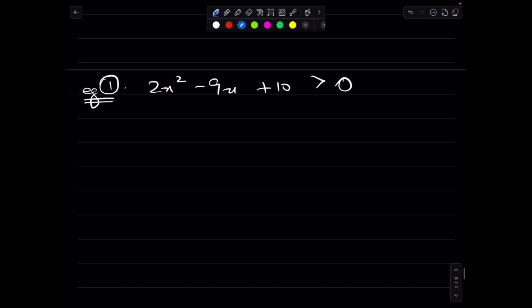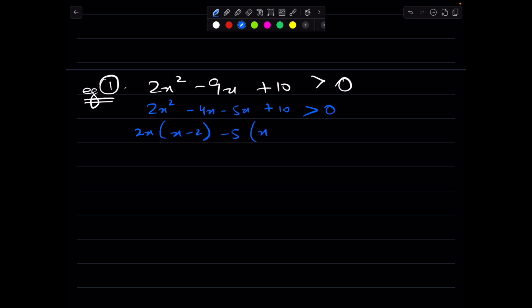So our first example is 2x squared minus 9x plus 10 is greater than 0. So the first step is finding the roots. So we'll break the middle term as minus 4x and minus 5x. Then we'll take 2x common. This will leave x minus 2. And we'll also take minus 5 common.